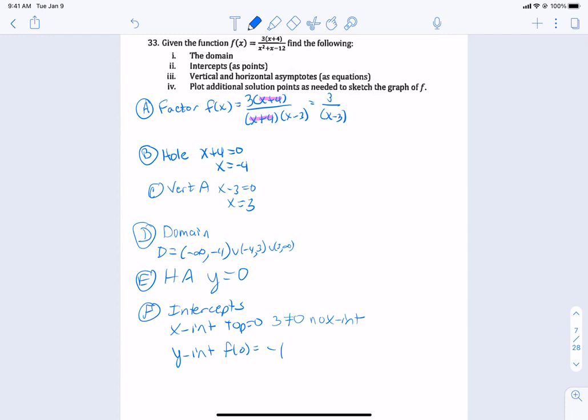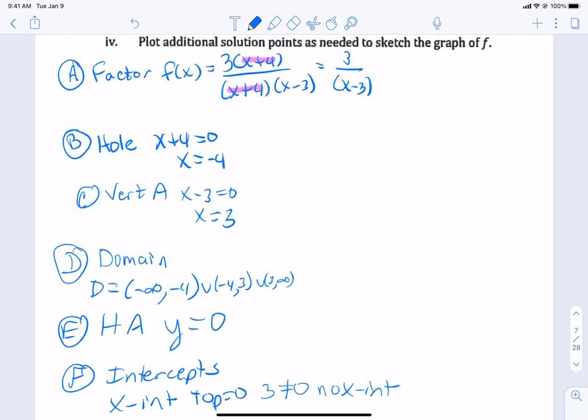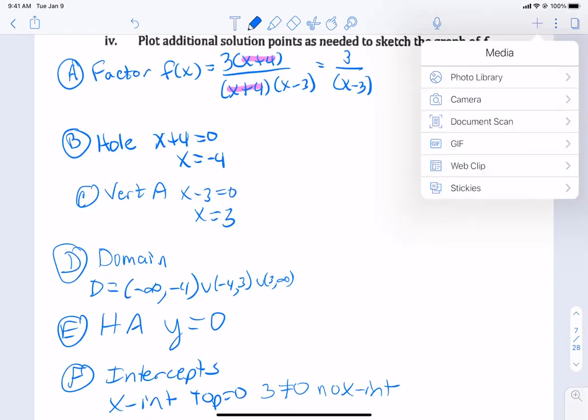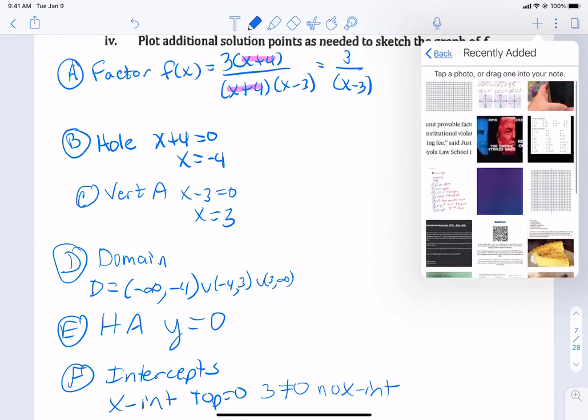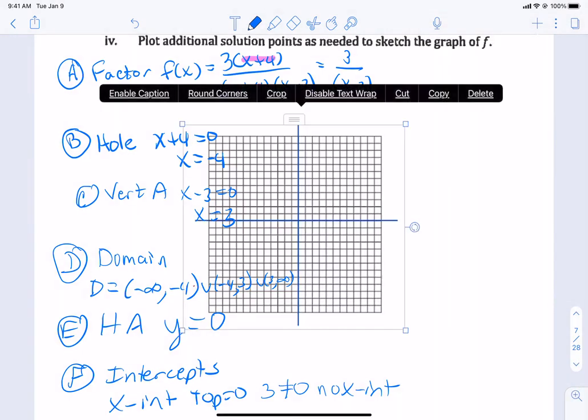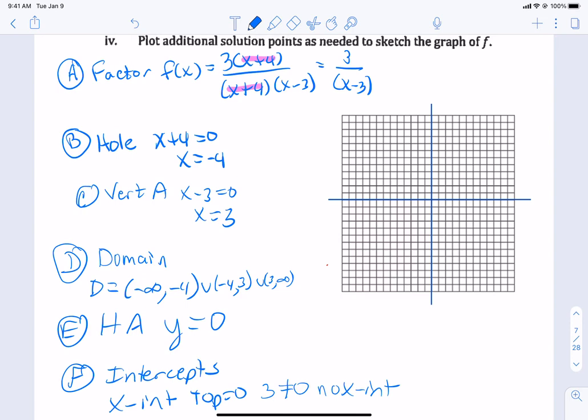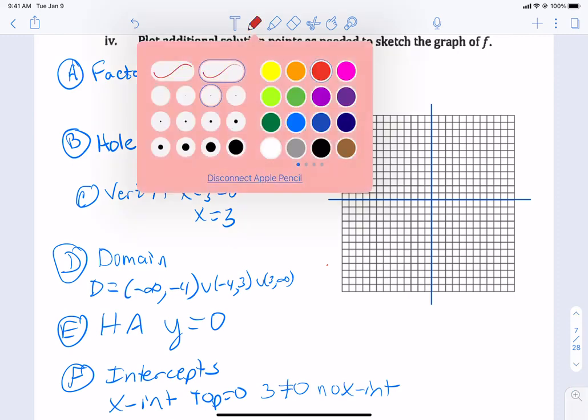Now we've done the domain, we've done the intercepts, we've done the vertical and horizontal asymptotes. The last thing says to plot additional points as needed to sketch the graph. So we'll get to that. Let me find some graph paper here. Okay, so we've got some graph paper. The first thing I put on personally is my vertical asymptotes.